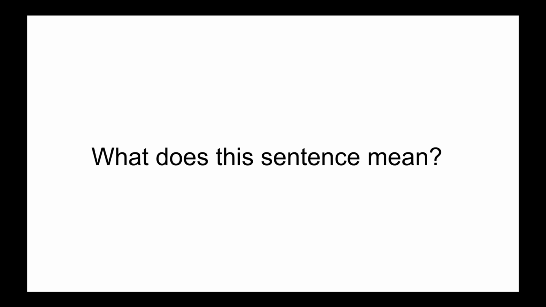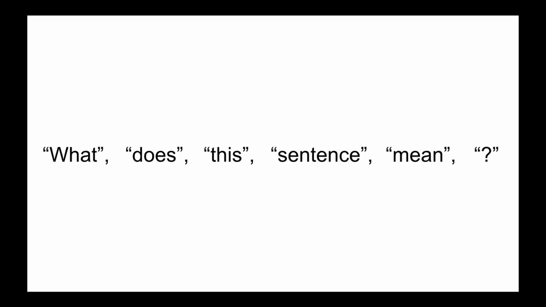So now that we know how the SEQ2SEQ training model roughly works, let's see it being used for a sentence. So let's take this sentence: what does a sentence mean? And see what would be the output, and then how would it work. So what it would first do is split it up between every word.